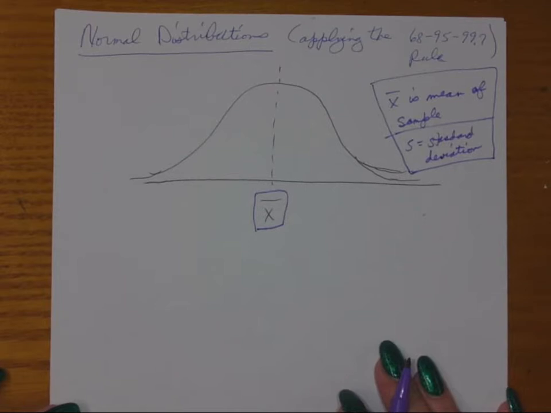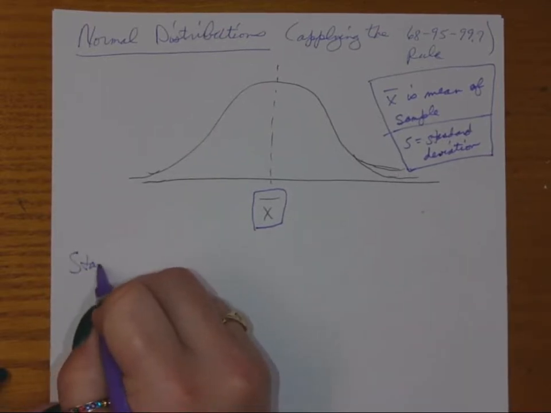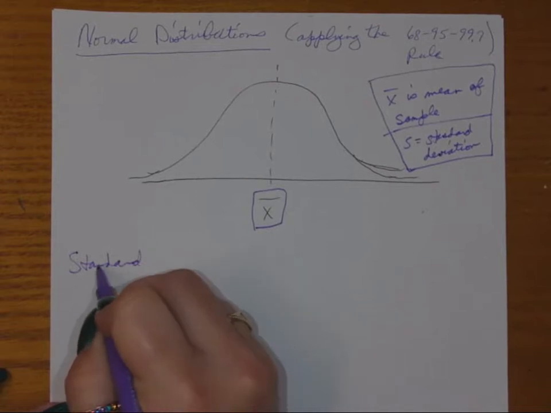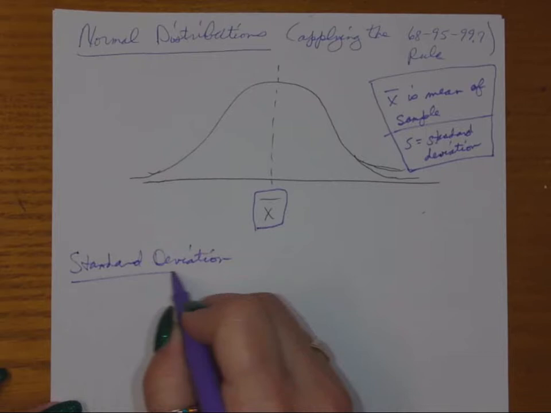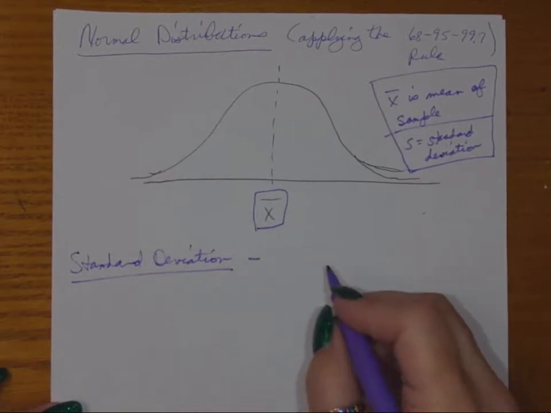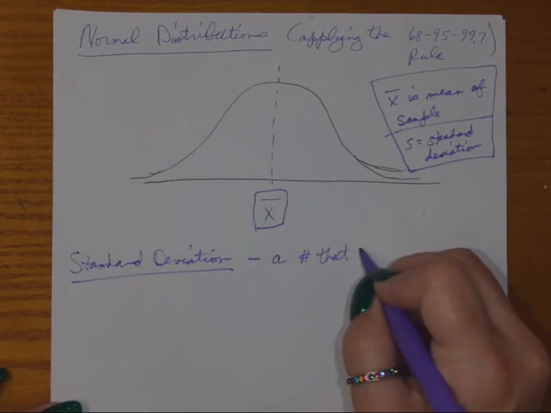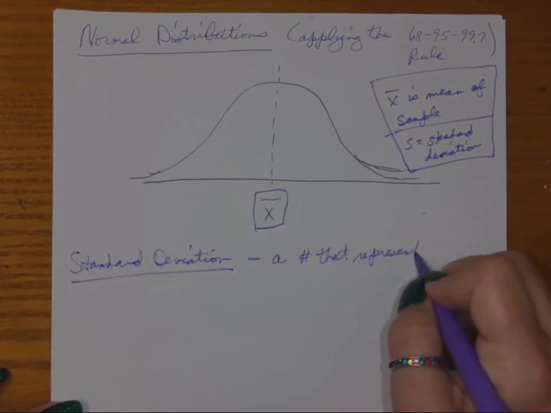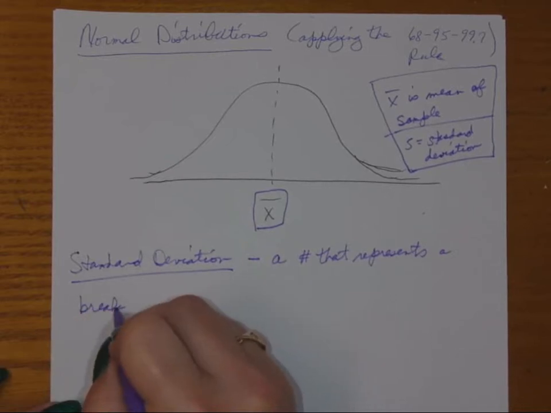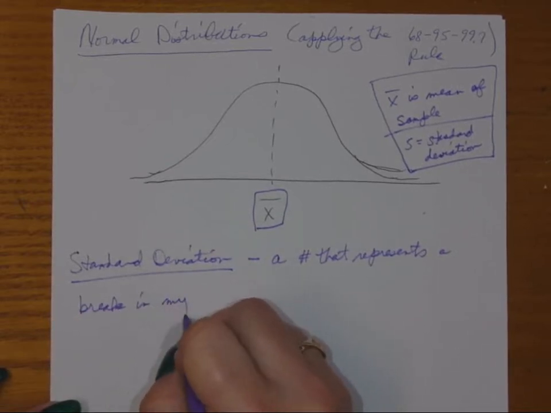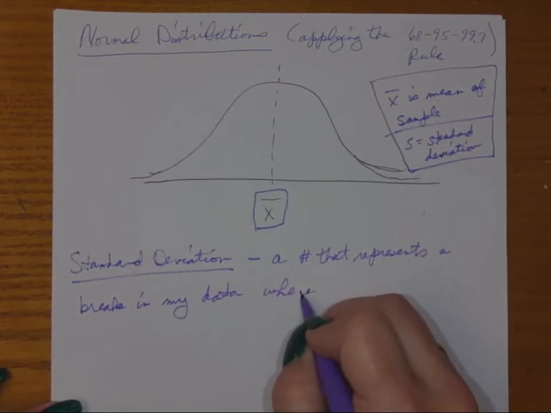So remembering, let me give you a little definition for standard deviation. Standard deviation is a number that represents what we would consider kind of a natural break in my data where we expect to find most of our data points.